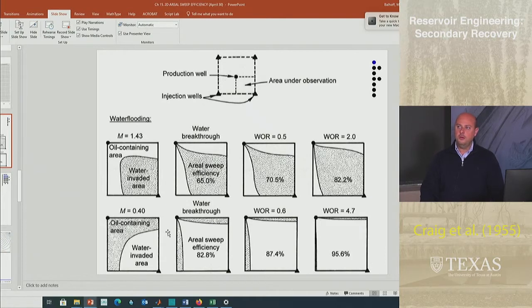But if the mobility ratio is low, for example, if you've got a very light, low viscosity oil and you inject water or a high viscosity water like polymer, then you have a low mobility ratio and the sweep efficiency is good at breakthrough. So clearly, the sweep efficiency at breakthrough is going to depend on the mobility ratio.